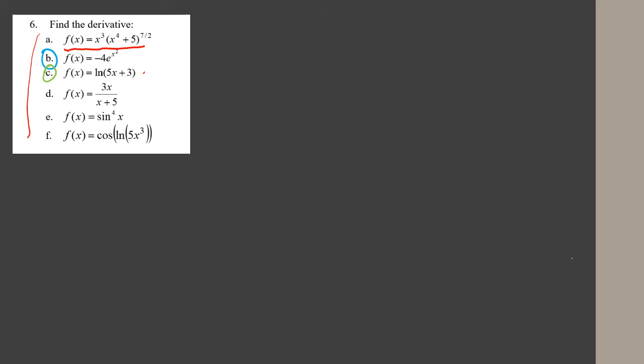All right, now that we've cleared up some space, let's work on D. Our function is 3x over x plus 5. We have a pretty clear quotient rule. And so I'm going to tell you how I remember the quotient rule. It's low d high minus high d low, all over low low.